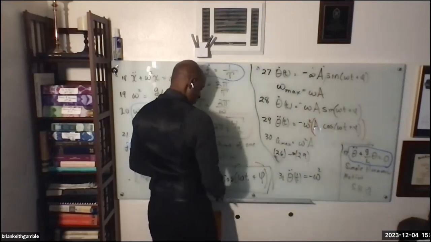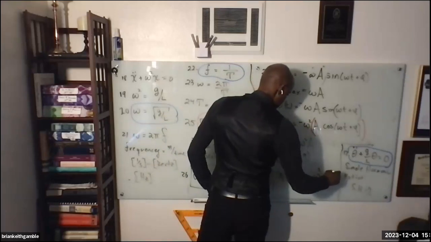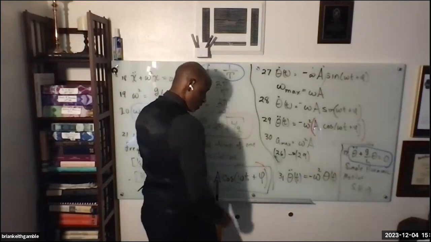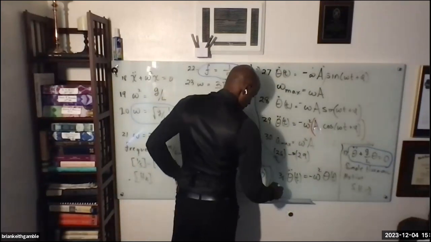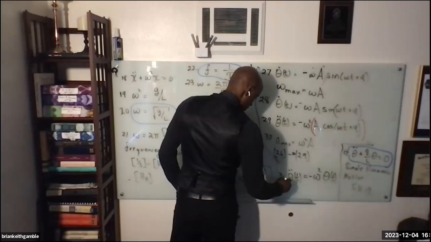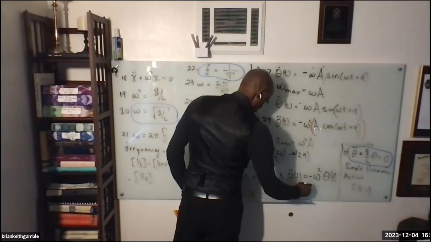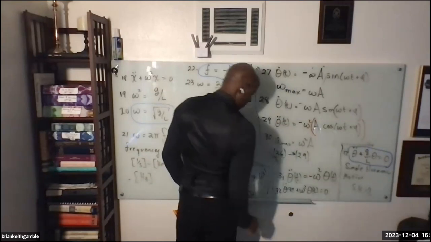But then when you put in theta, that's theta of t. Well, what is that? When I get everything on the same side, I basically have theta double dot of t plus omega squared theta of t equals 0.